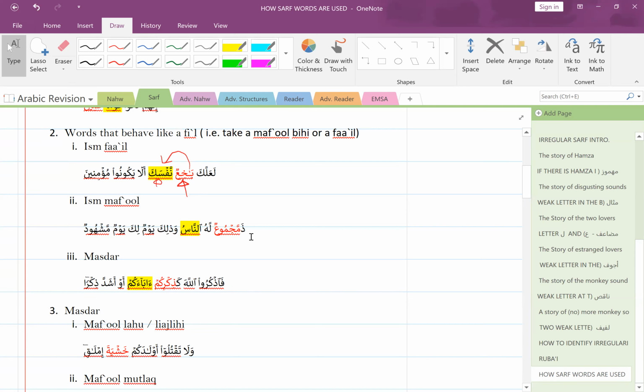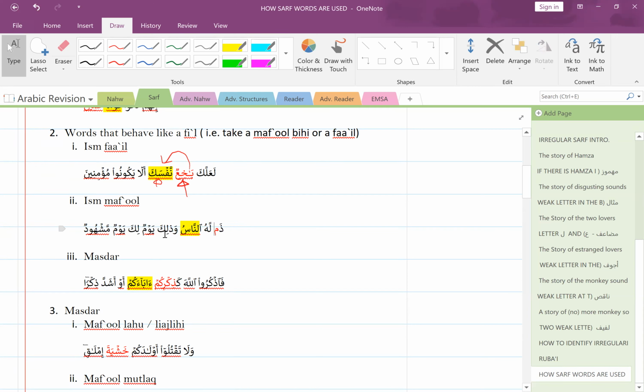I think this ayah got mixed up a little bit. I don't know what happened. ذلك يوم comes first. ذلك يوم مجموع له الناس وذلك يوم مشهود.